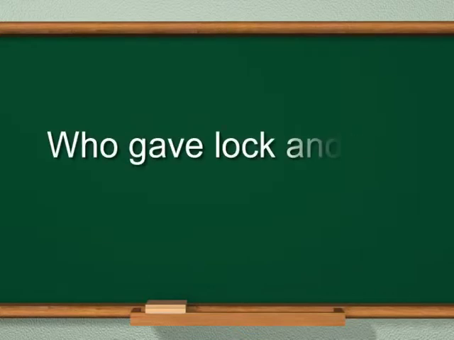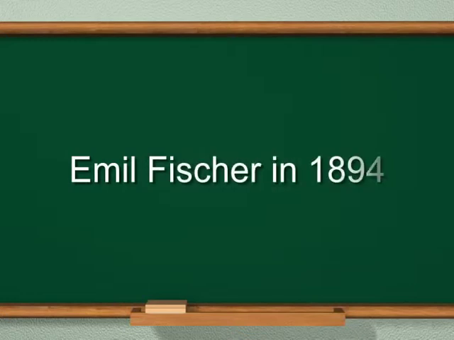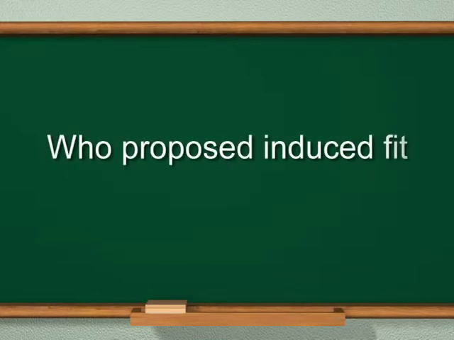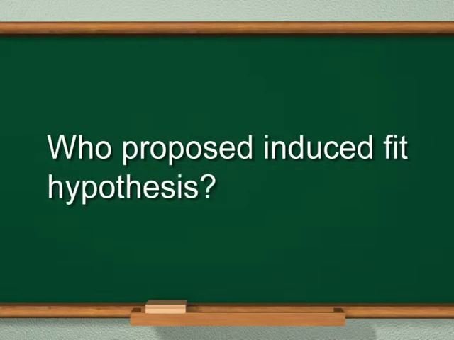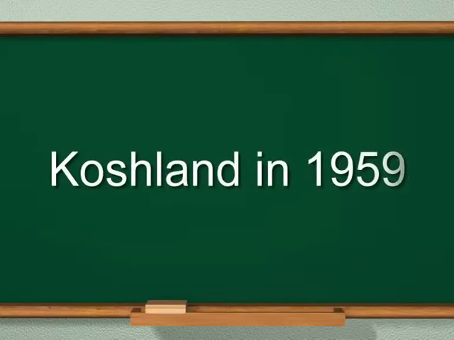Who gave lock and key hypothesis? Answer. This hypothesis was put forward by Emil Fischer in 1894. Next question. Who proposed induced fit hypothesis? Answer. It was proposed by Koshland in 1959.